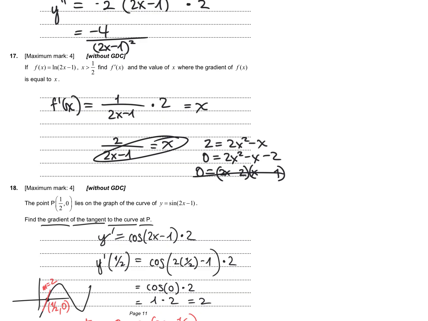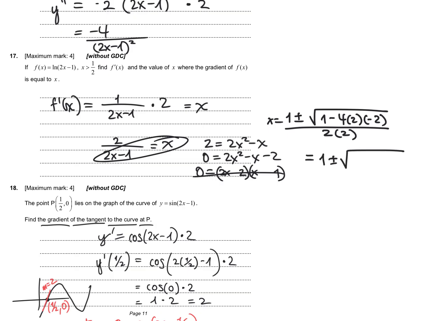So we're going to have negative b plus or minus square root of b squared minus 4ac all over 2a. So 1 plus or minus the square root of 8, 16, so this is 1 plus or minus root 17 over 4.